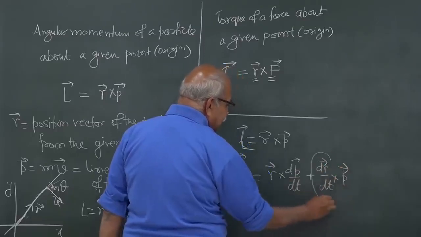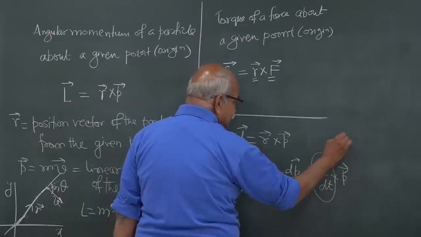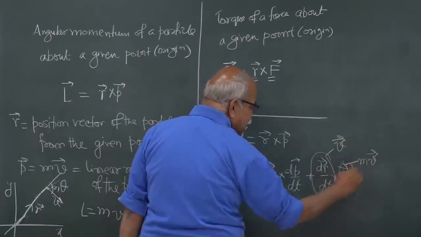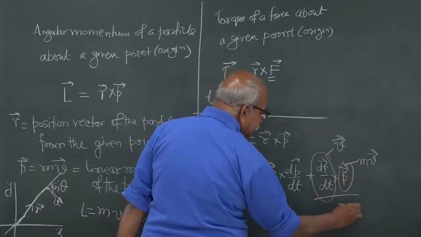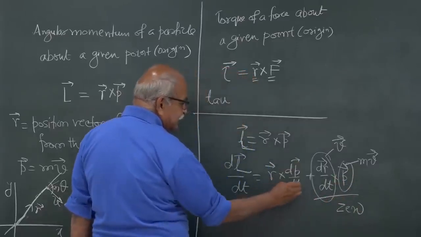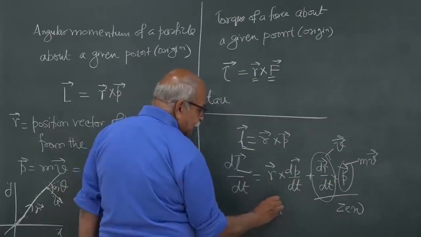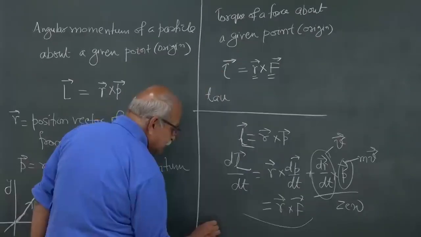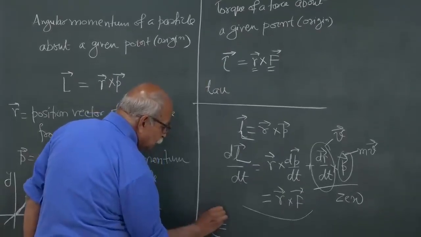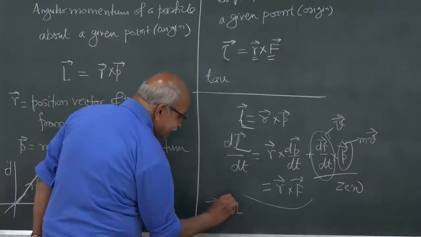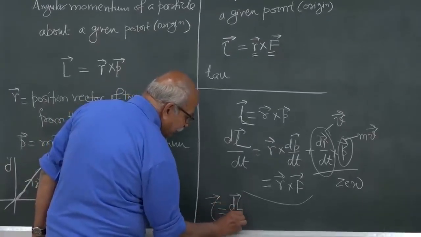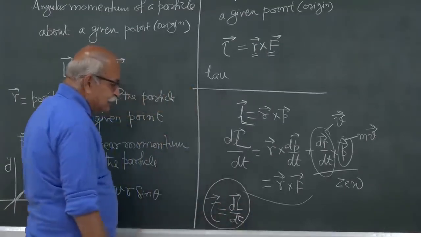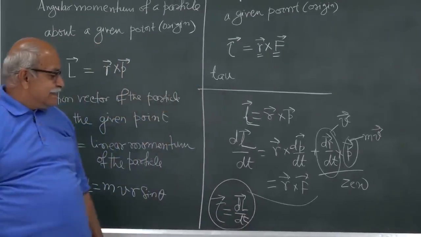Now, dr/dt is the velocity vector and p is mass times the velocity vector, so that cross product is 0, and dp/dt is F. So, it is r cross F. That means torque is equal to dL/dt. For a single particle we get this very simple equation, torque is dL/dt.